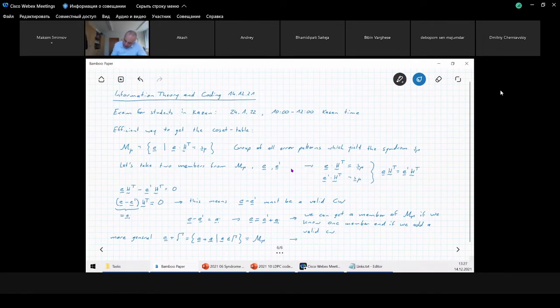So this means if we add all possible code words, we get the complete coset.